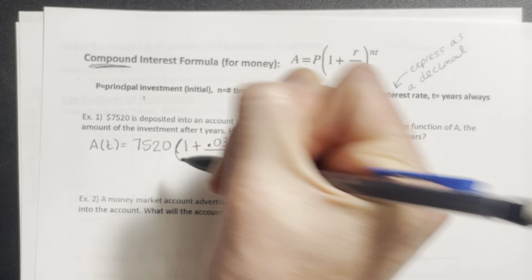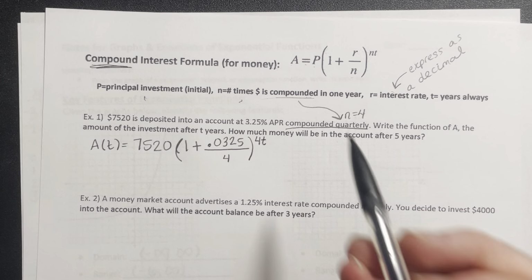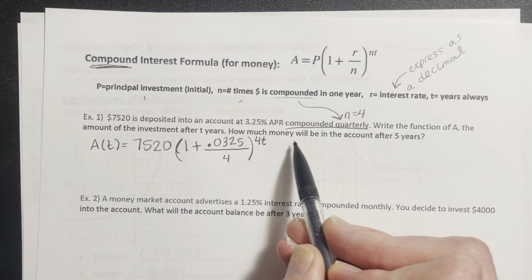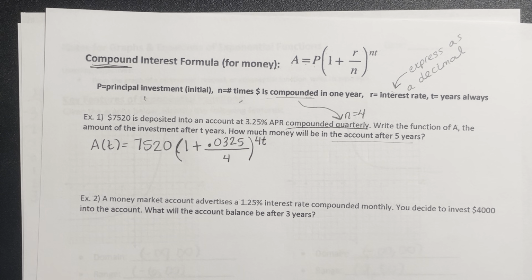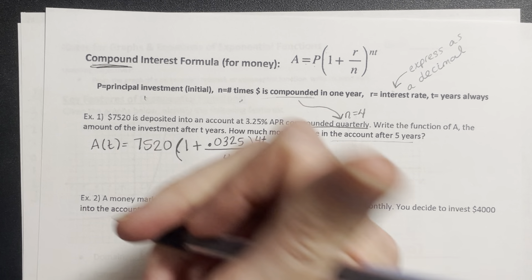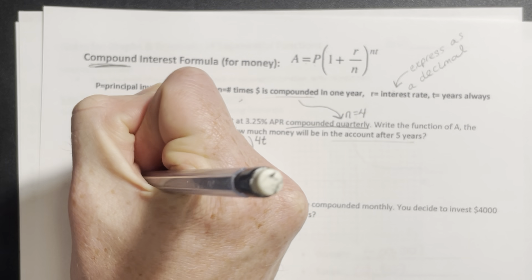So here's our overall equation, and the second part of this says how much money will be in the account after 5 years. So we're just plugging in 5, A of 5.